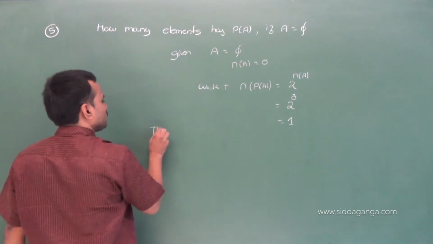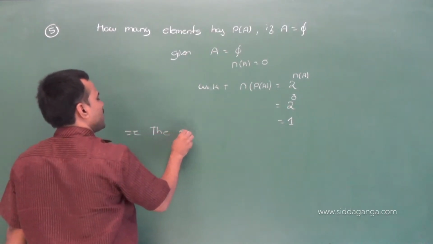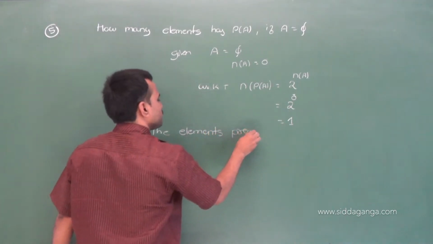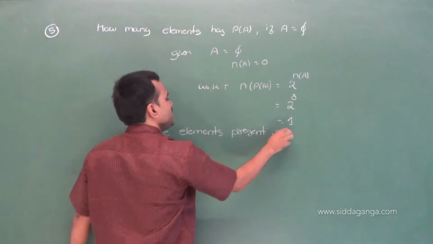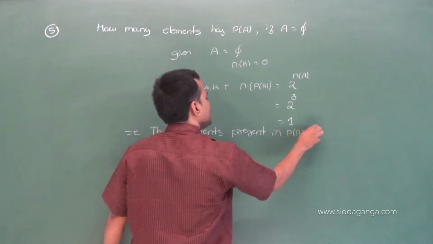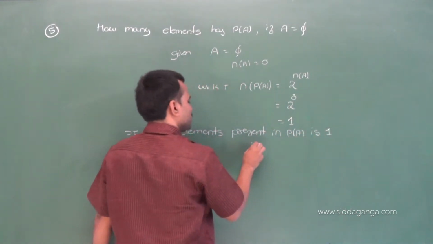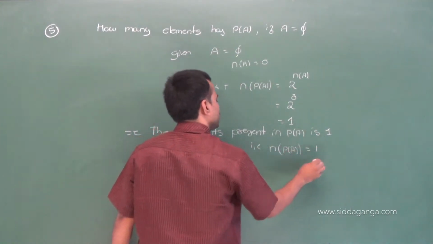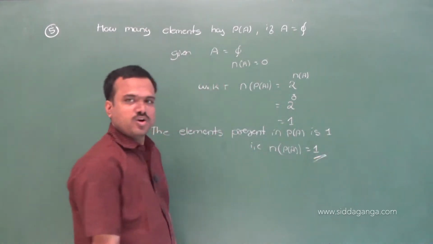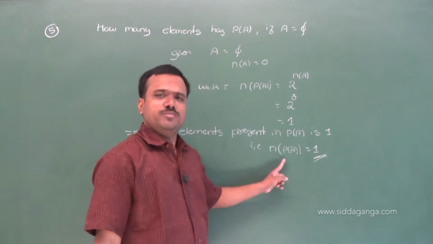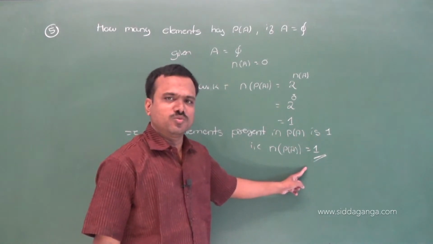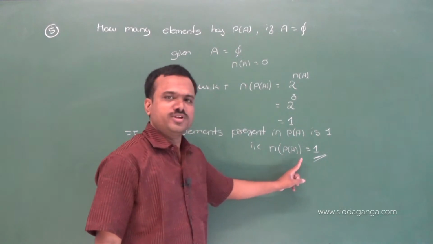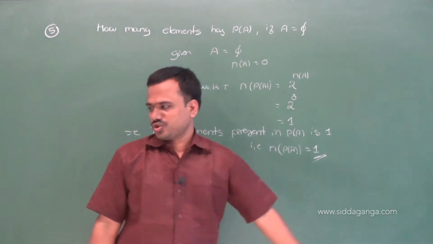So that implies the elements present in P of A is 1. That is, n of P of A is equal to 1. Understand? So very important concept. n of P of A is equal to 1. Next question.